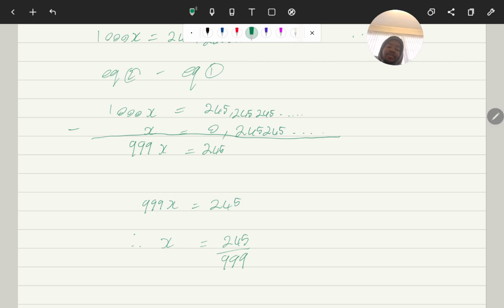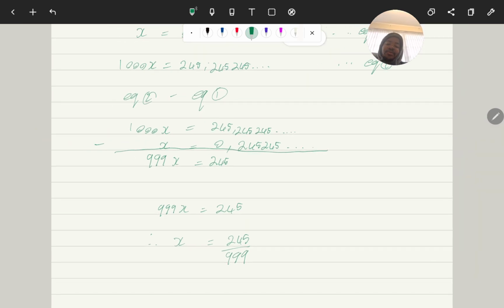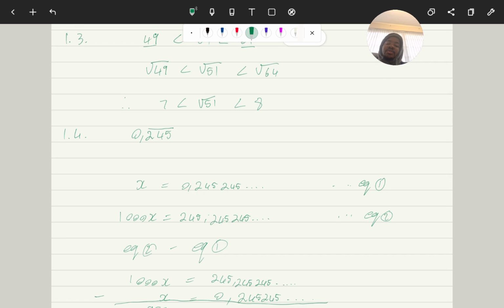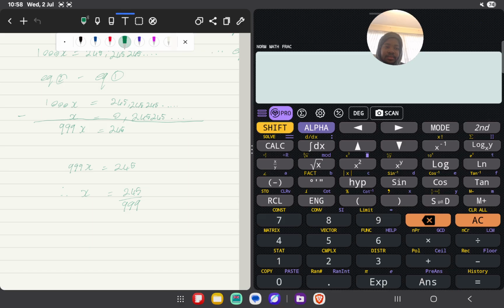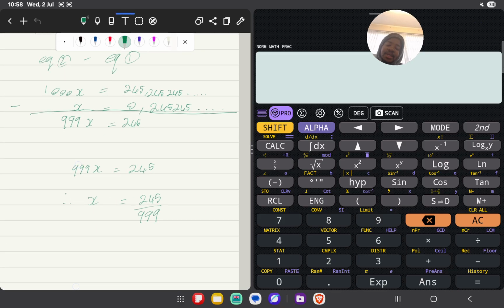You have done it, you have solved it, and you have proved that it is rational. But you know, sometimes your mind can mess with you, and you would wonder, wait, I wonder if I actually got it right. So let's just press the calculator to confirm. Yeah, this time around I made the calculator big.